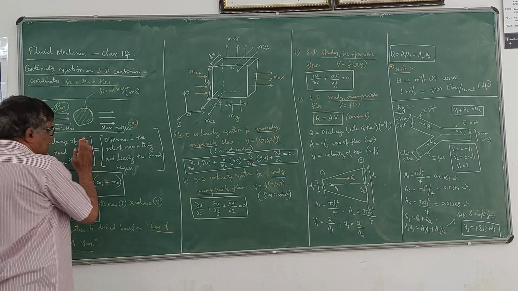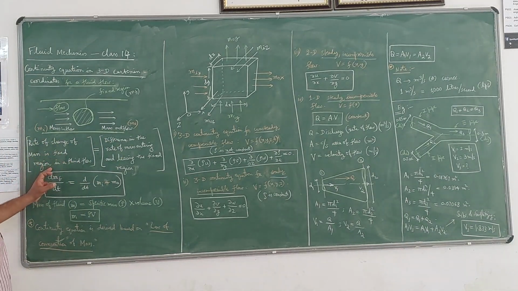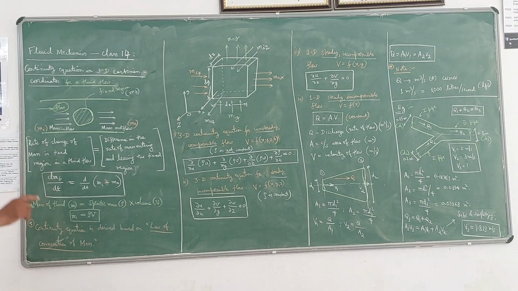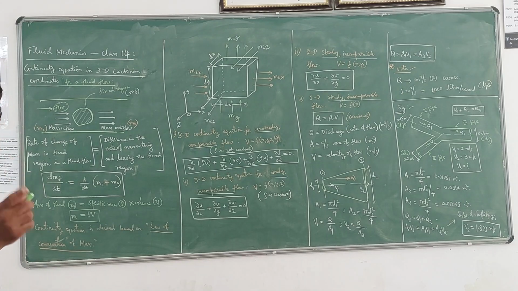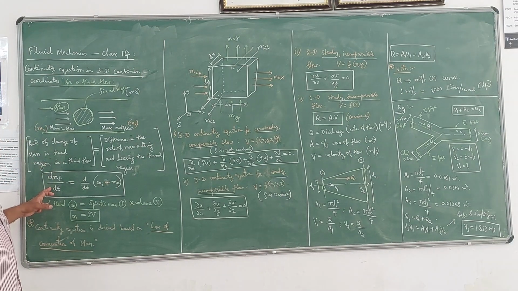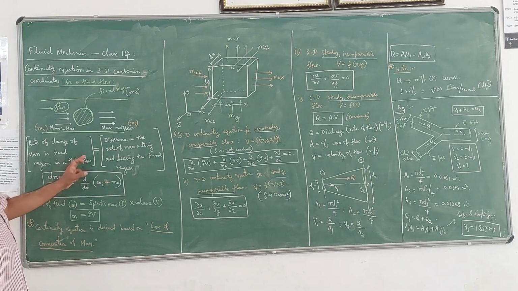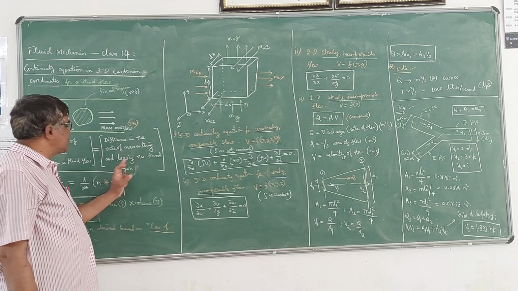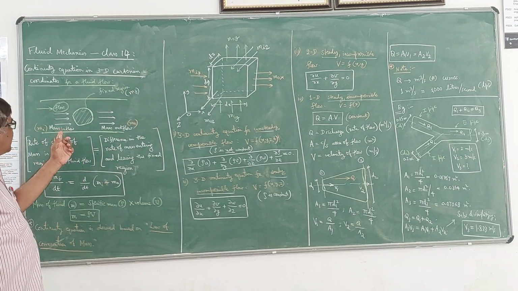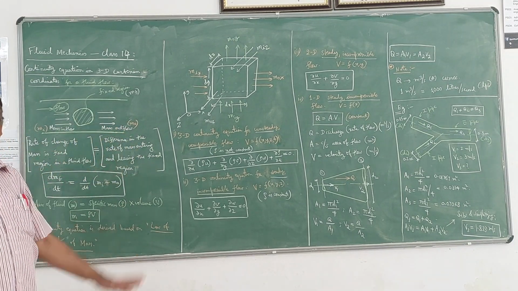According to this statement, the rate of change of mass in a fixed region in a fluid flow is always with respect to time. Please keep that in mind. In mathematical form, we can write this as dmf by dt. This should be equal to the difference in the rate of mass entering and leaving the fixed region. Mass inflow is mi, mass outflow is mo. We have to take the difference.